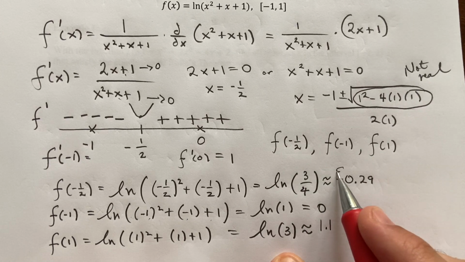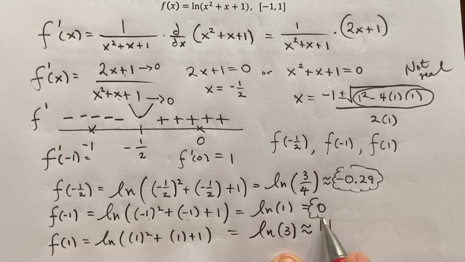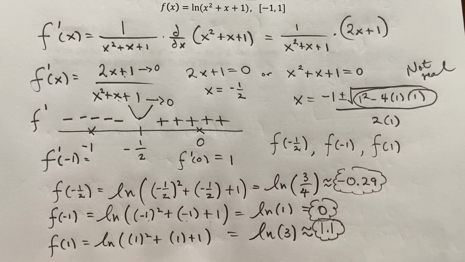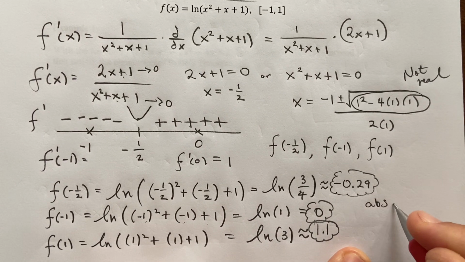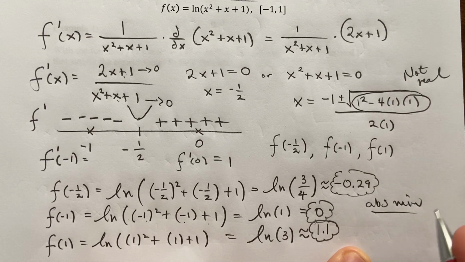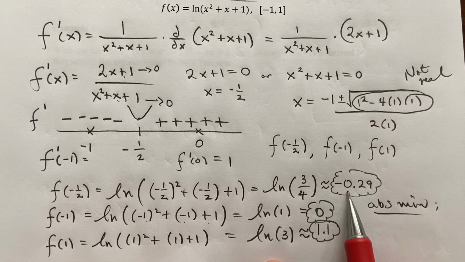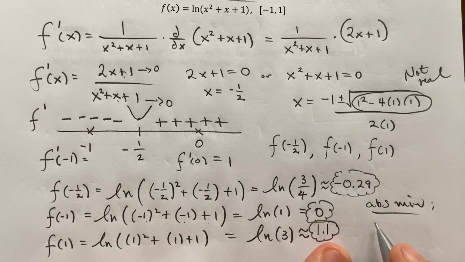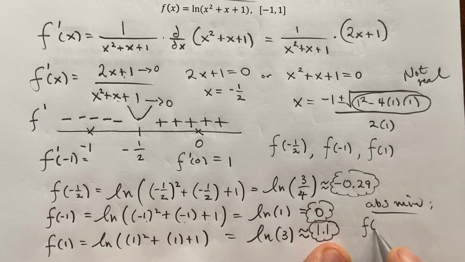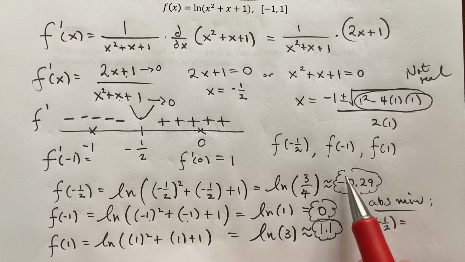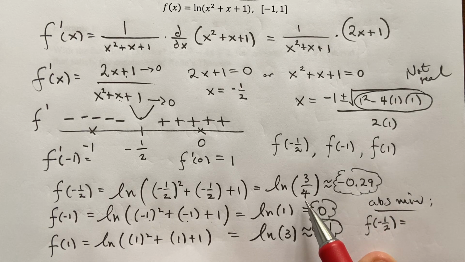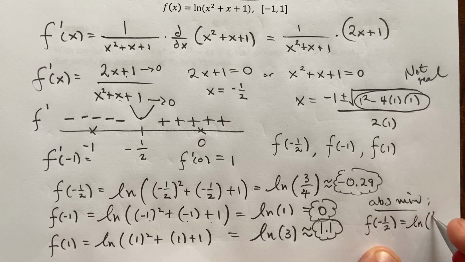And now what we're doing is comparing these outputs. The lowest will be the absolute min, the greatest will be the absolute max. So we'll have an absolute min, f of negative 1/2 equals, and I'll write it in exact form, ln of 3/4.